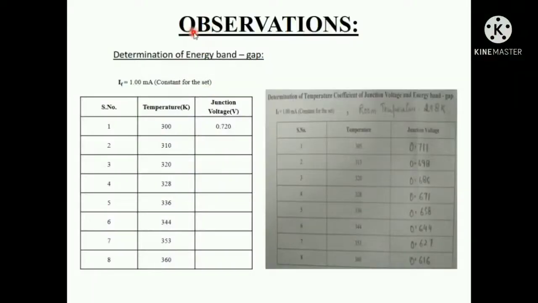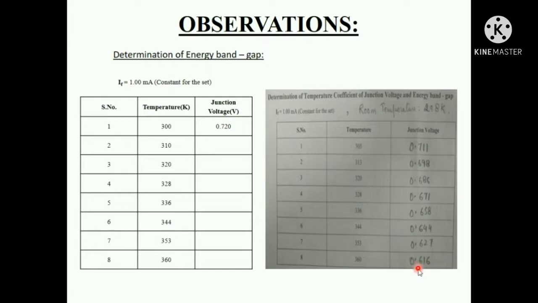So this is the observation table. We have kept the current as 1 milliampere and our room temperature is 298 Kelvin, and this current is kept constant for one entire set.